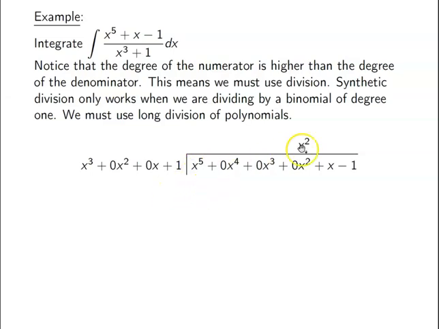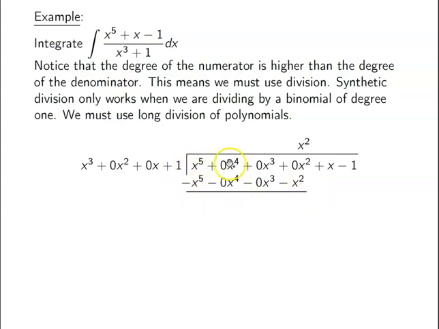Now I'm going to multiply this times this entire thing, so really just these 2 terms, and I'm going to subtract it on the bottom. So x squared times x cubed is x to the 5th, x squared times 0, x squared times 0, x squared times 1. And I'm subtracting that from here. So instead of putting this in parentheses, I'm just going to distribute the negative and subtract everything.